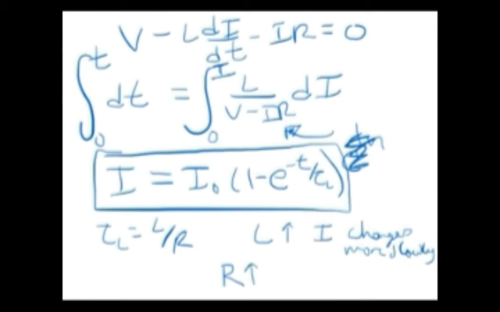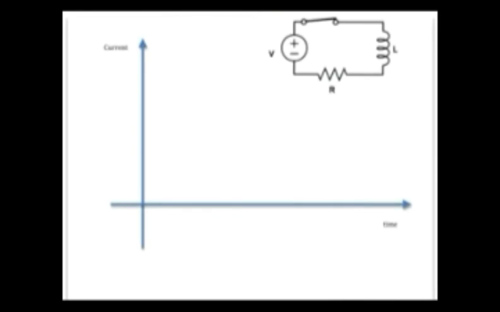One other thing: because R is on the opposite side of the fraction, as the resistance increases, I must change more quickly. That's what the math tells us. That's pretty interesting. The reason is that R reduces the amount of current flow, so there is less of a change, and therefore less of a rate of change, and therefore less of a voltage drop from the inductor. So it actually does make sense.